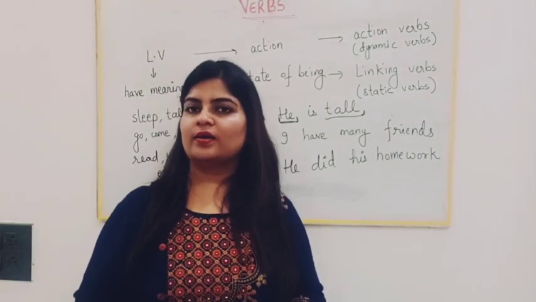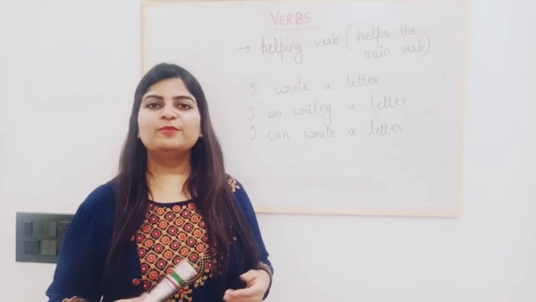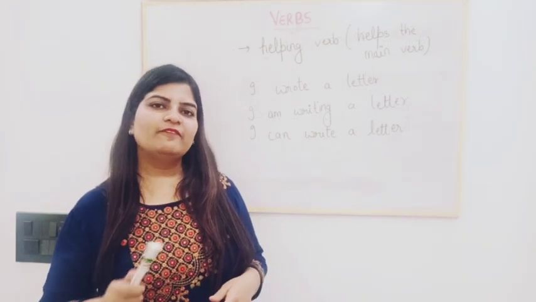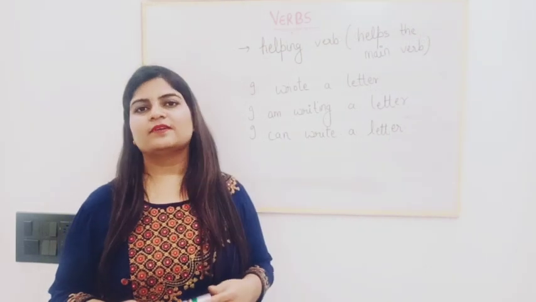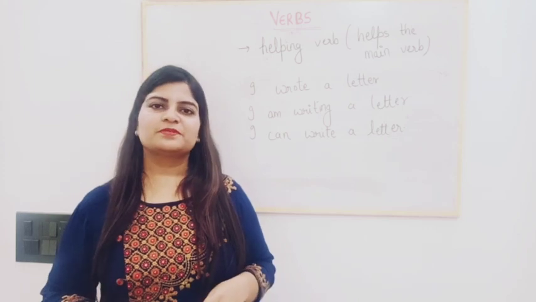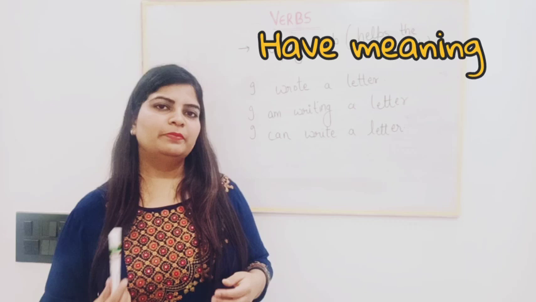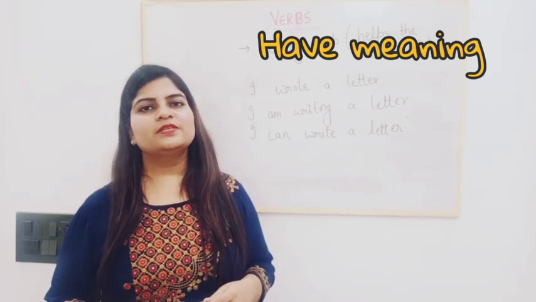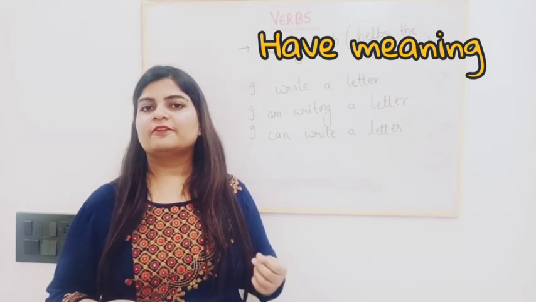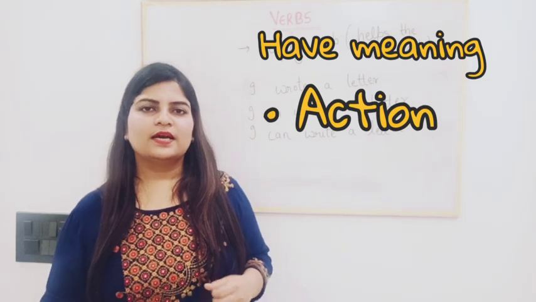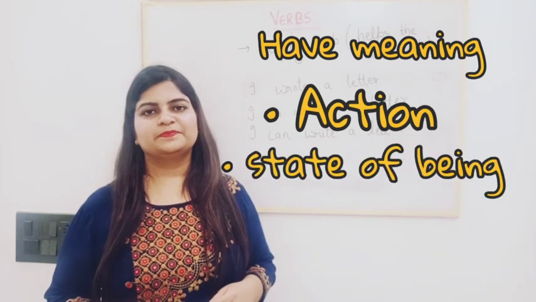Let's understand what are auxiliary verbs. Before moving on to auxiliary verbs, I would like you to revise what we have understood in lexical verbs. Lexical verbs are those verbs which have their meaning and they express two types of things. The first is action and the other is state of being.